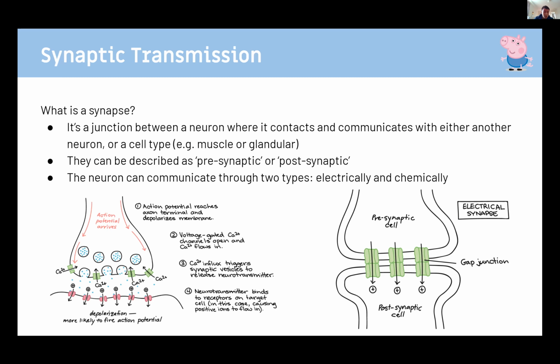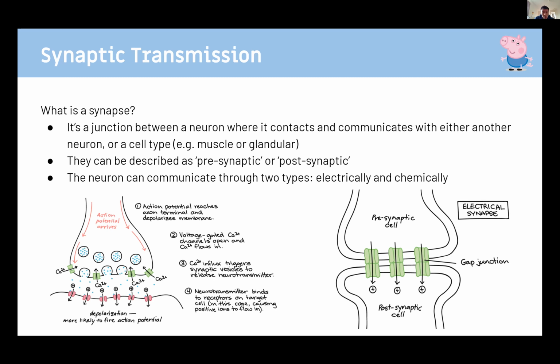The calcium channels will open, and that will let calcium ions into the axon terminal. The calcium can then trigger synaptic vesicles. Vesicles are basically little storage compartments, the circles that you see in the terminal, and they contain a bunch of neurotransmitters. So your calcium will trigger your synaptic vesicles, and they will merge with the cell membrane and release their neurotransmitters, the little blue dots, as you can see in that image.